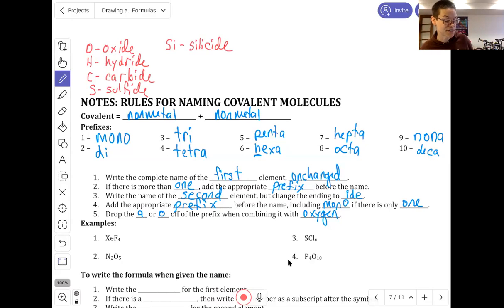All of the others that I'm about to write, you've probably heard before. So selenium, selenide, tellurium. Right below it is telluride, which is actually the name of a ski resort. Weird.